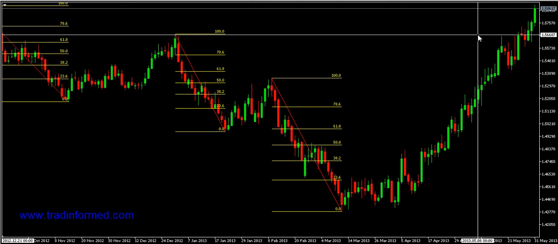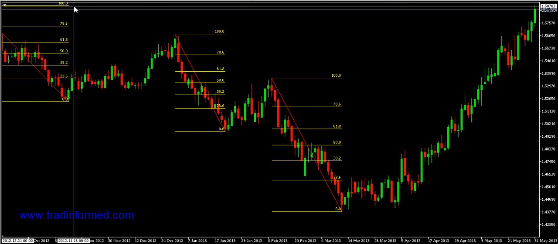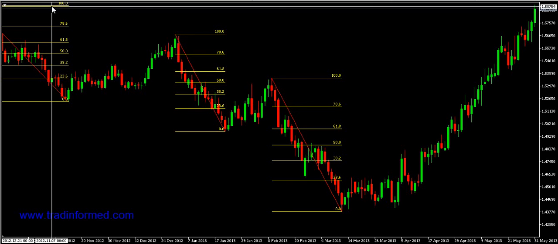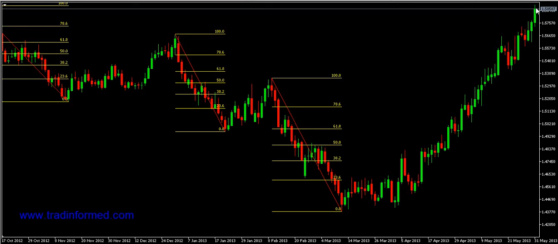And just today the price has just traded above the 100% level from all the way back towards the end of 2012. The price has just spiked above this level.